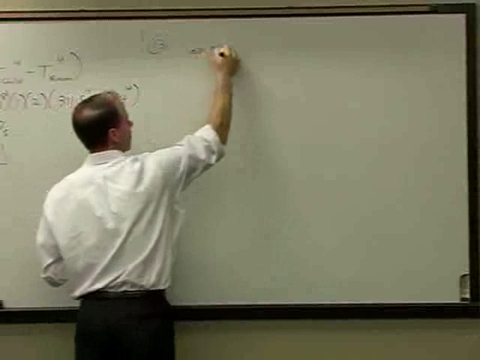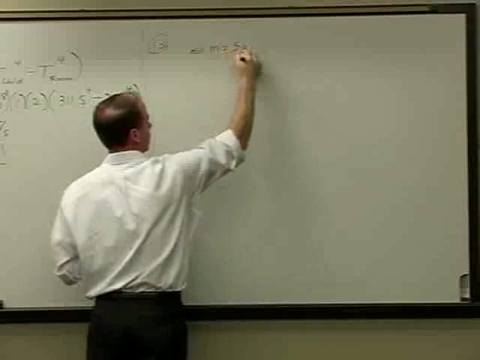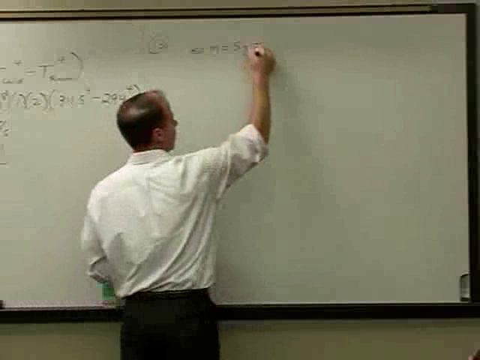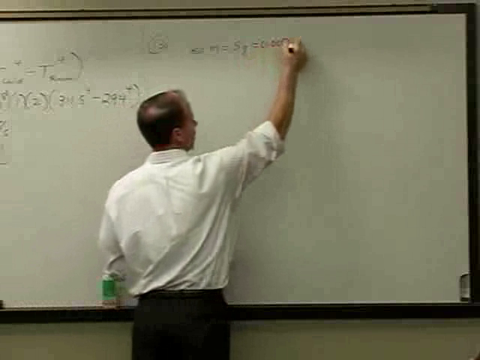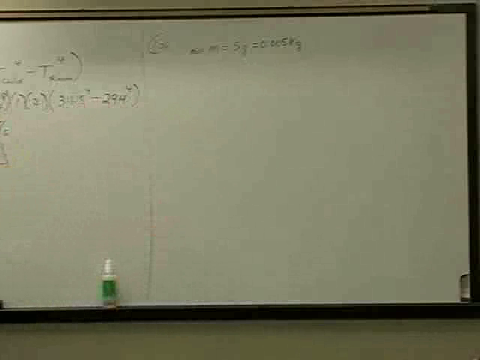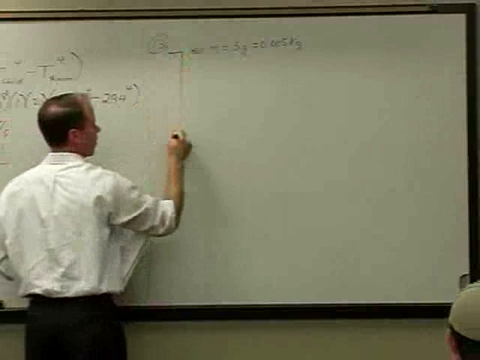All right, so we're going to drop a coin. Mass is 5 grams, so that'd be 0.005 kilograms. And it's going to be dropped from a 300-meter tall building.